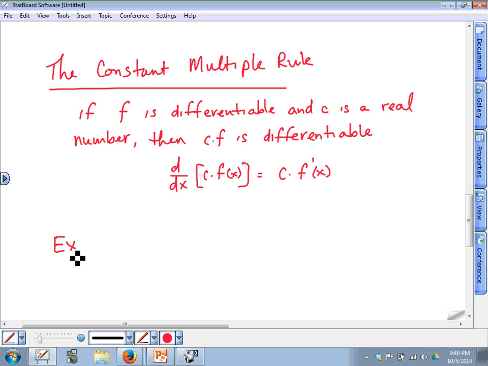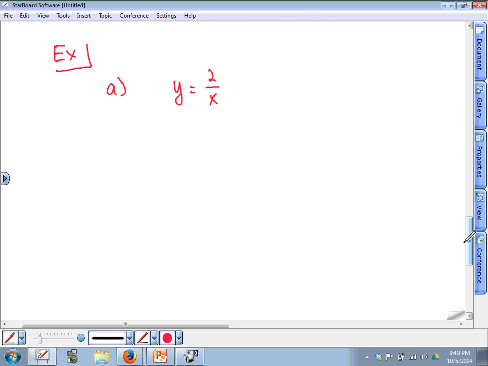So for example, for part A, if we're going to find the derivative of a few functions here, let's say that y is equal to 2 over x. For part B, let's consider the function f of t is equal to 4 times t squared over 5.